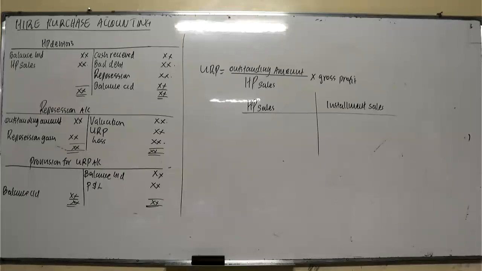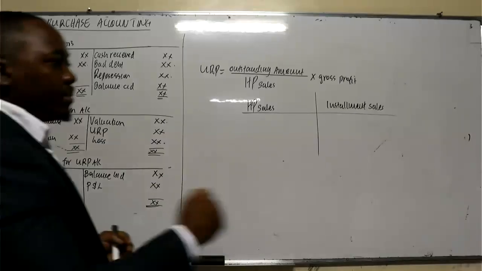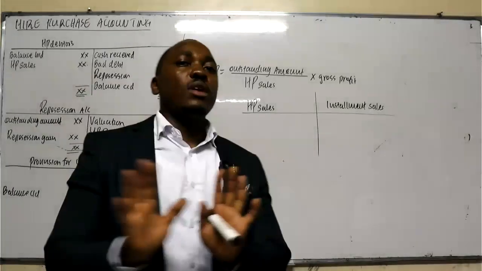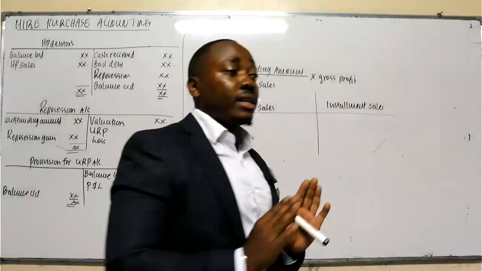Once you commit a small amount, I indicate that it has been sold. I reserve it for you, but I won't let you go with it. But for hire purchase, once you pay the deposit, you go with the asset. So for lipa mdogo mdogo, once you pay the first commitment, the item will be declared sold. It cannot be sold to someone else. So I wait for you until you pay the full amount.